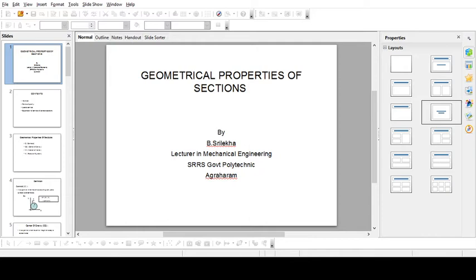Next, the centroid of a trapezium with parallel sides. As you know, h is the height of this trapezium, and A and B are the parallel sides of the trapezium. Now, to find the centroid, it is simply at a distance of h by 3 into b plus 2a by b plus a.